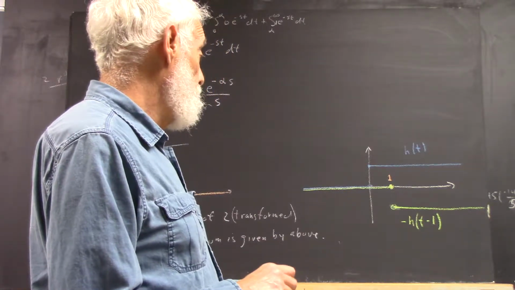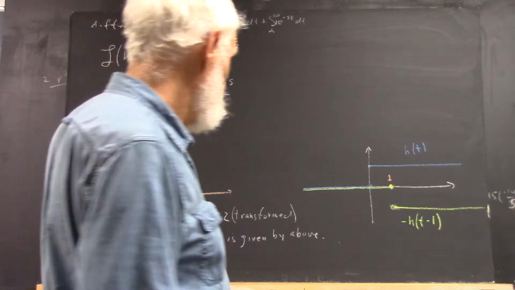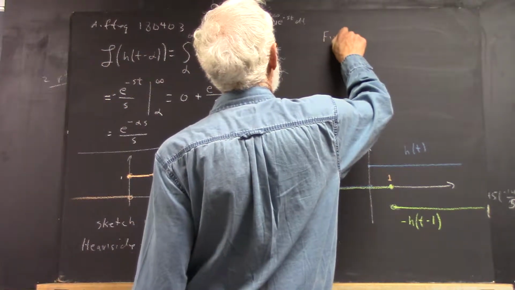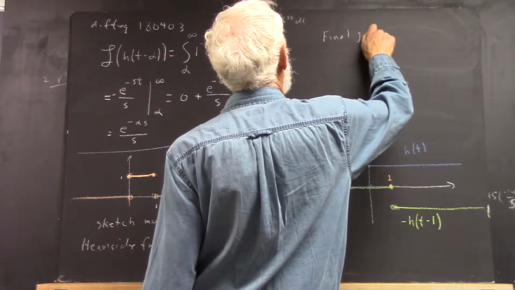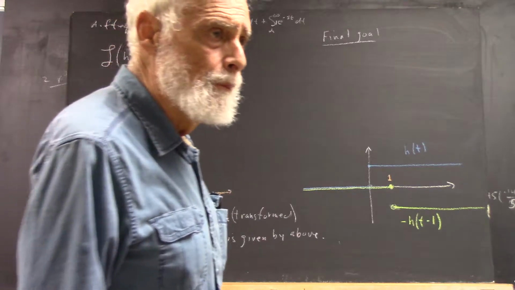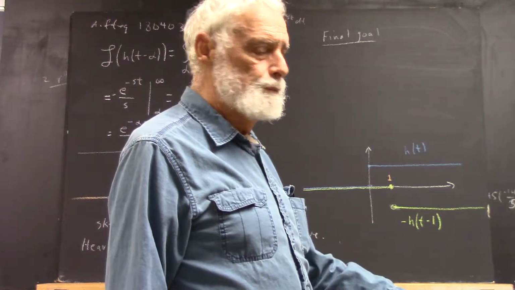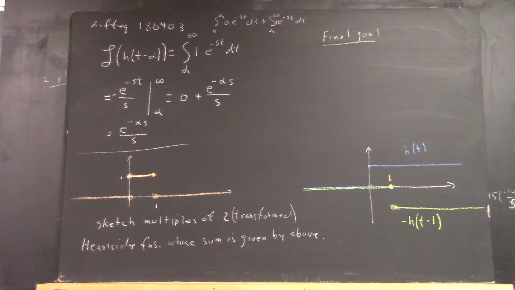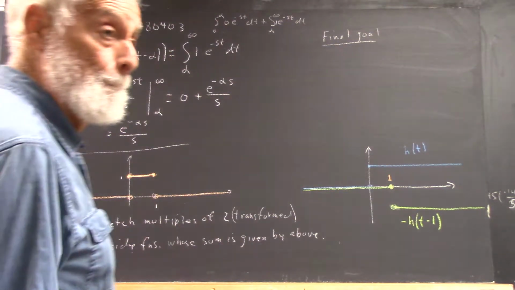Okay? But for right now, here's what we want. We want a function I described in words that goes from positive 1 to negative 1. Actually, this is a voltage function, okay?